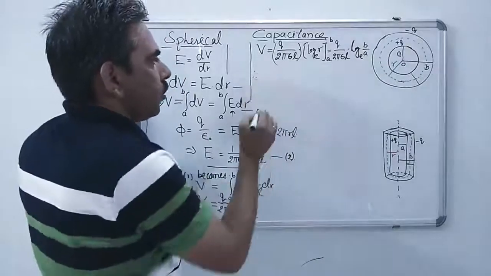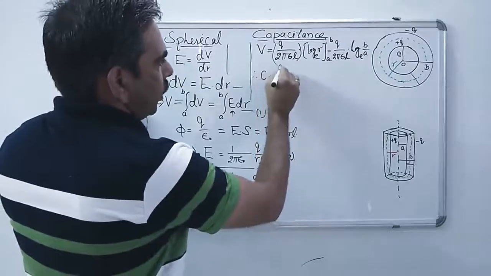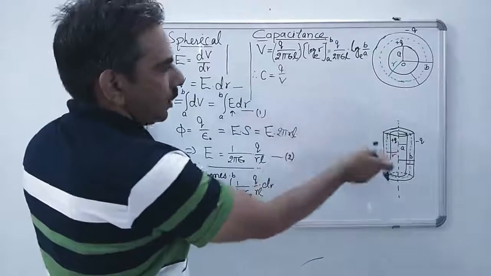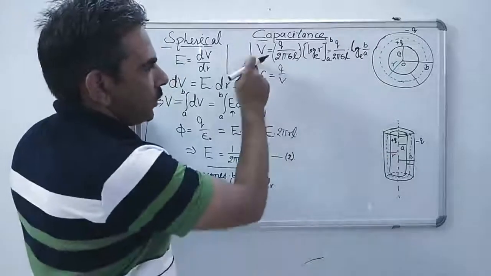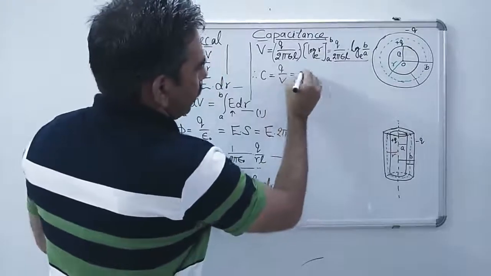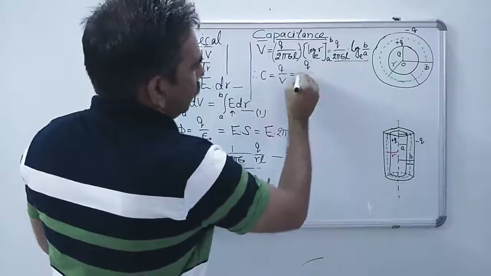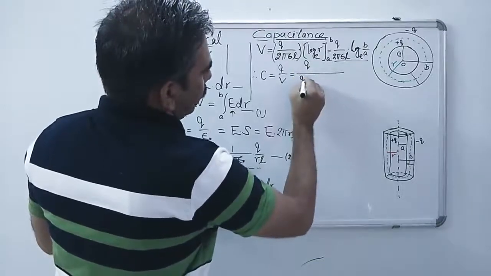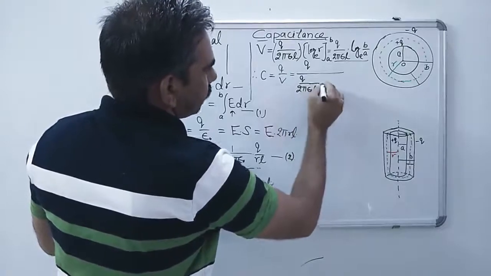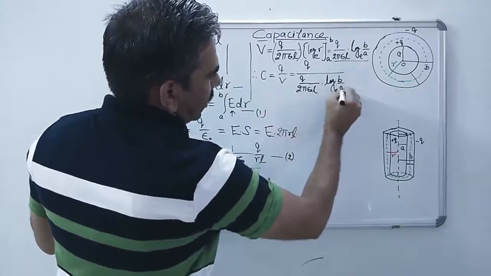Therefore from here we can write the value for the capacitance, which is q upon v, right, where q is the charge stored on the capacitor and v is the potential difference, which we have calculated to be this. Let us substitute the value. So it takes the form q upon 2 pi epsilon naught into L into log b upon a to the base e.